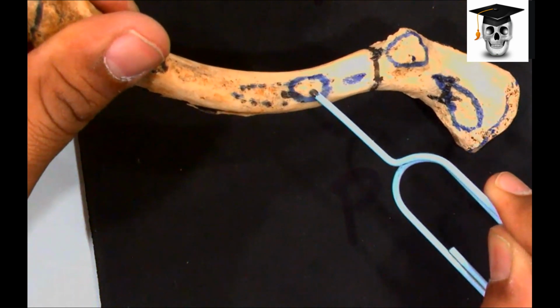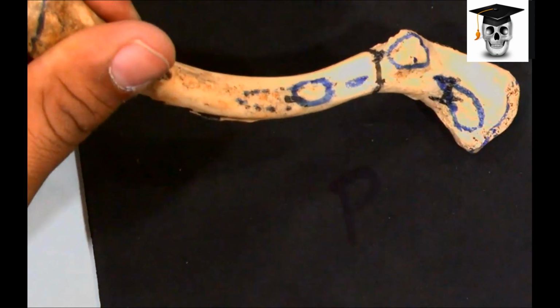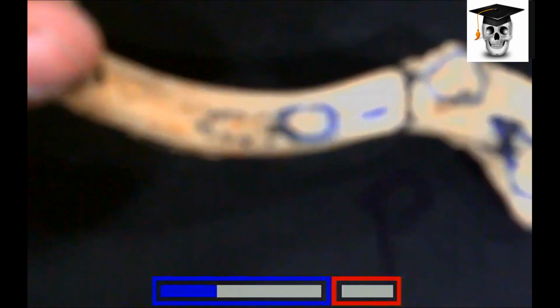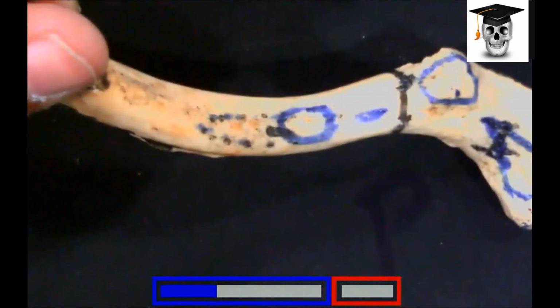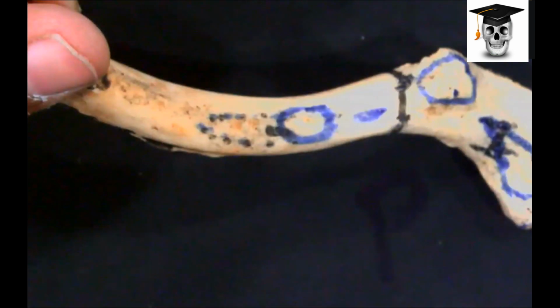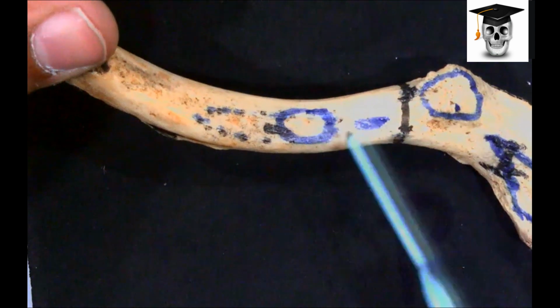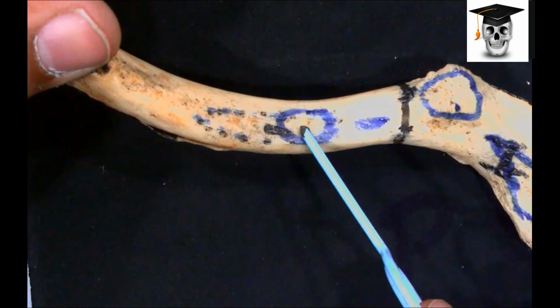Can you see that? I can zoom further for you. This is the opening which I am seeing. That is the nutrient foramen.